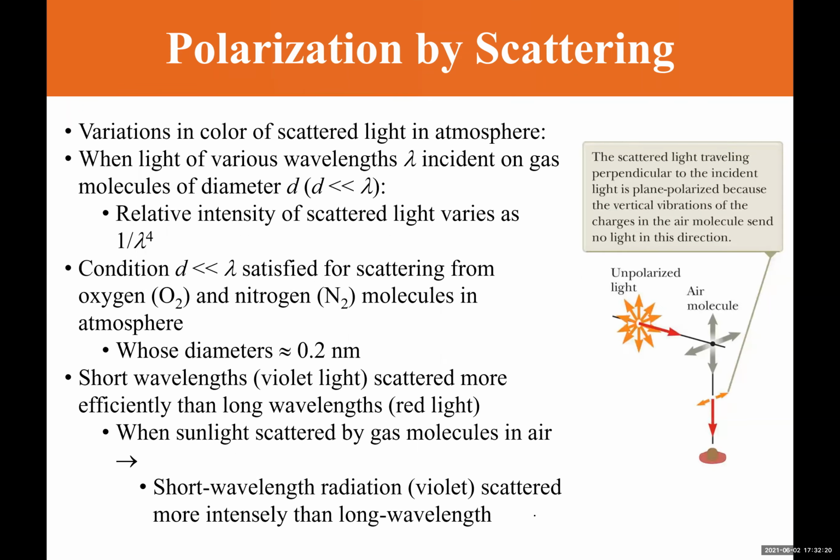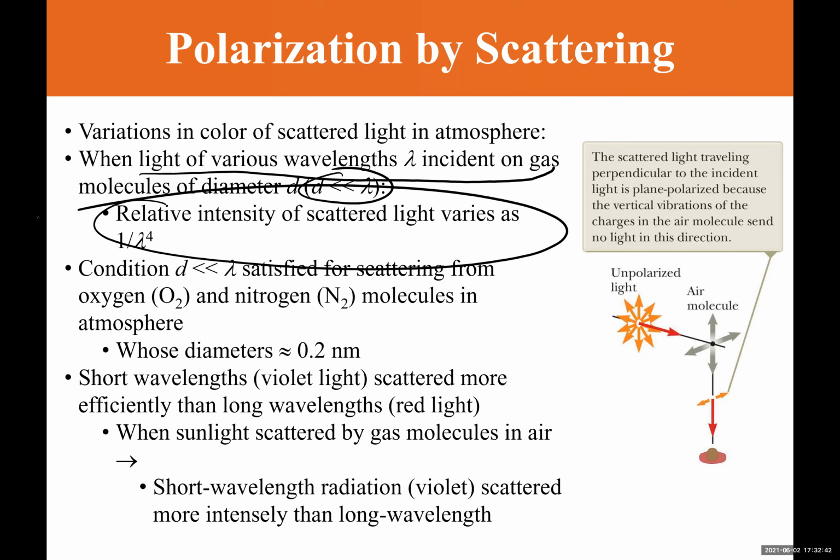Now, as I mentioned, the wavelength of each color is different. So consider light of various wavelengths incident on gas molecules of a given diameter. If the diameter is much smaller than the wavelength, then the relative intensity of scattered light varies as 1 over lambda to the 4.